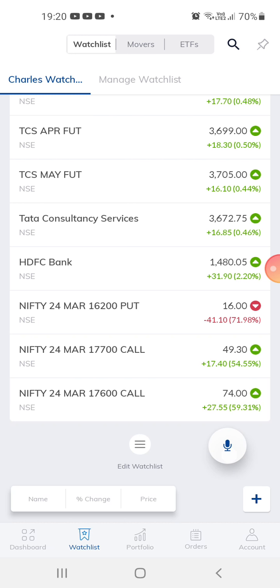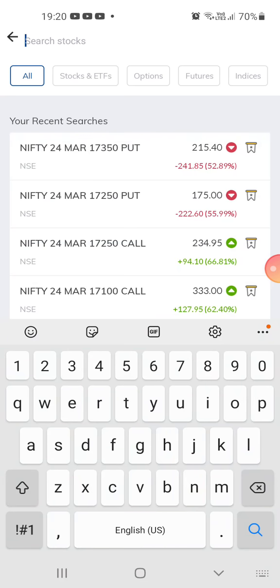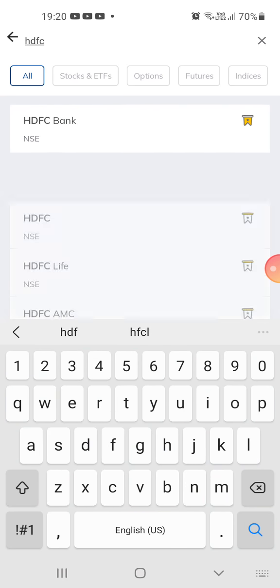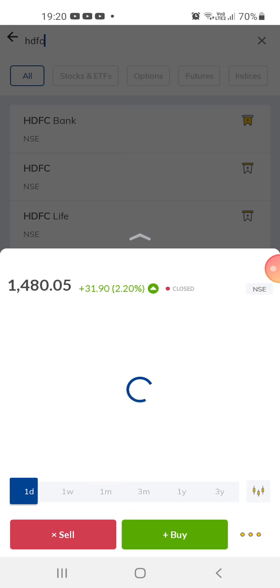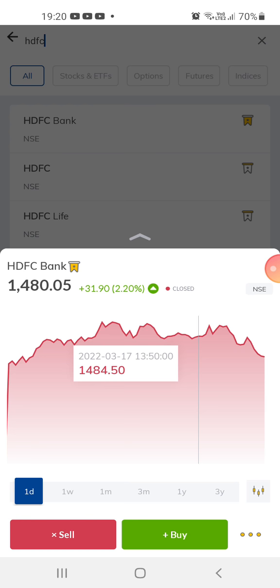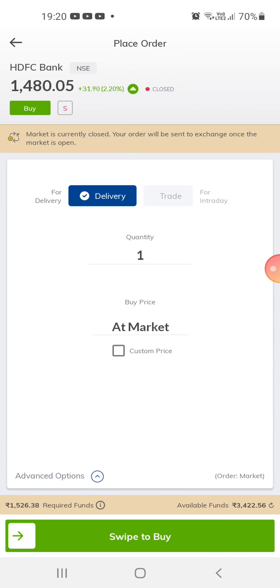Okay. So these are the basics of the stock market. Suppose you are interested in buying some shares of HDFC, you open a demat account and a trading account, and you buy HDFC bank shares at this price.